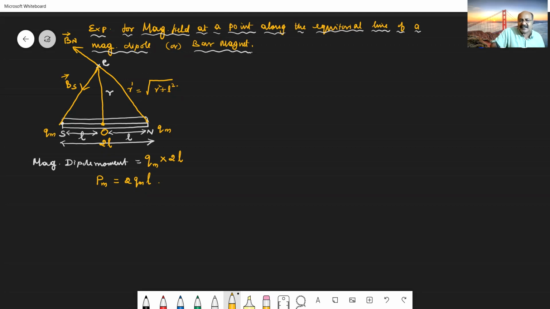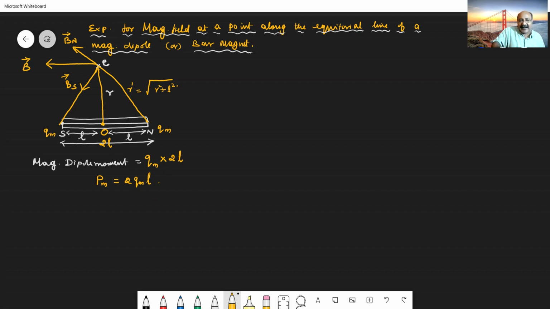Since C is experiencing two magnetic fields, I have to calculate the resultant magnetic field B at C, which will be acting parallel to the axis, opposite to the dipole moment. Let us calculate how.